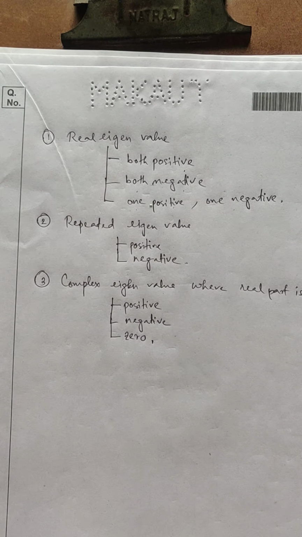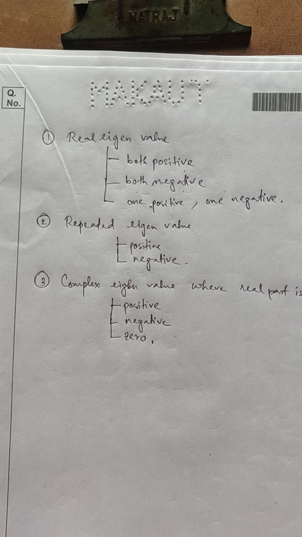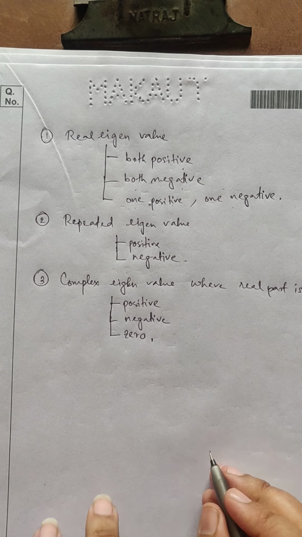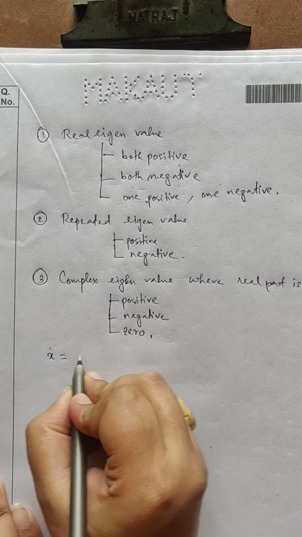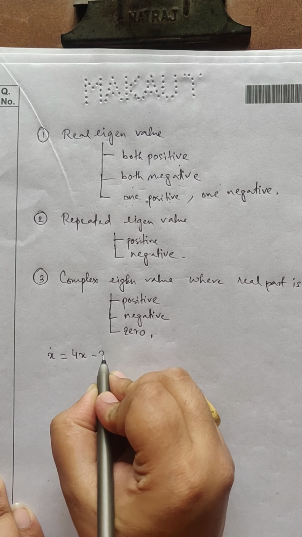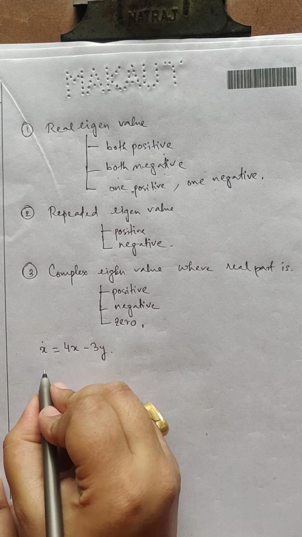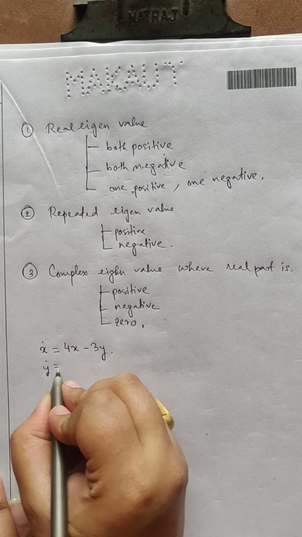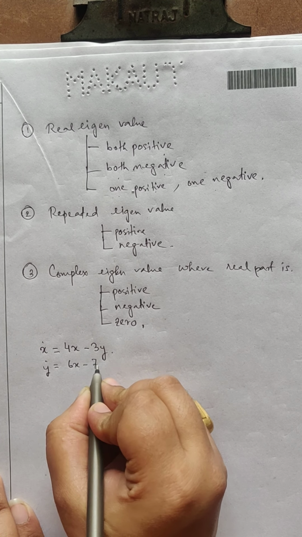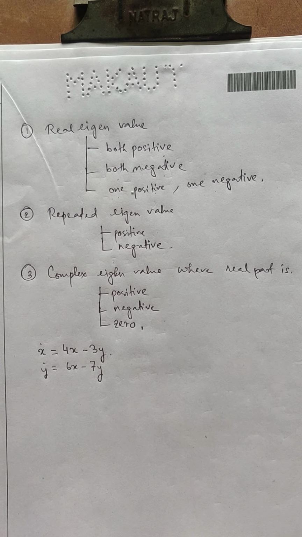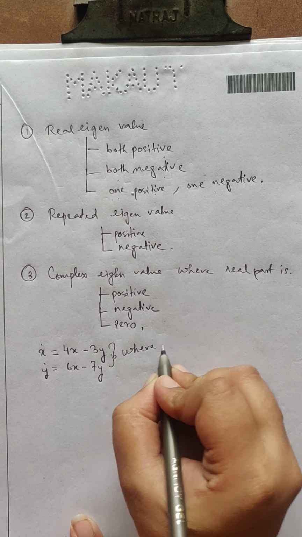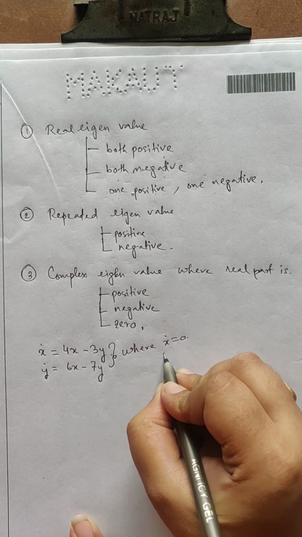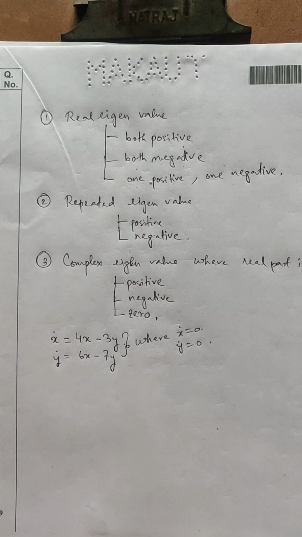Okay. Now, if I take a small example to make you understand the phase plane. Suppose I have an equation x dot equal to 4x minus 3y and y dot equal to 6x minus 7y. Now we have to find out the critical points where x dot equal to 0 and y dot equal to 0.